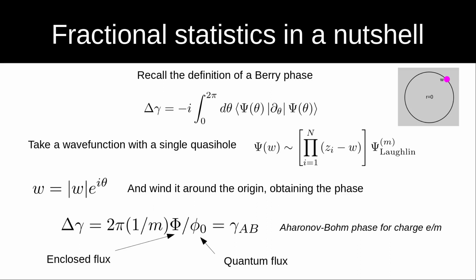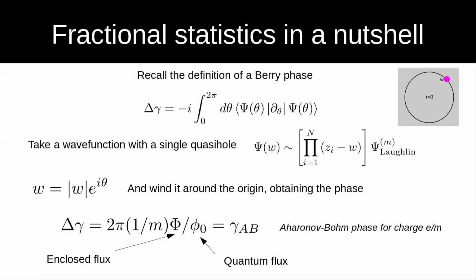When you do that, you essentially get the formula that you have at the very bottom. And this is obtained directly by using the many-body wave function of the fractional quantum Hall state. You get a dependence on the total flux. So essentially, the phase that you pick up when you move your quasi-excitation depends on how much magnetic field you have inside the trajectory, which is, of course, the Aharonov-Bohm phase.